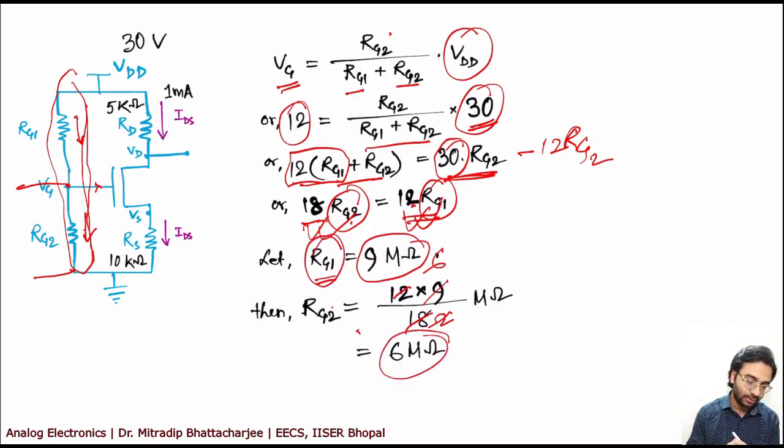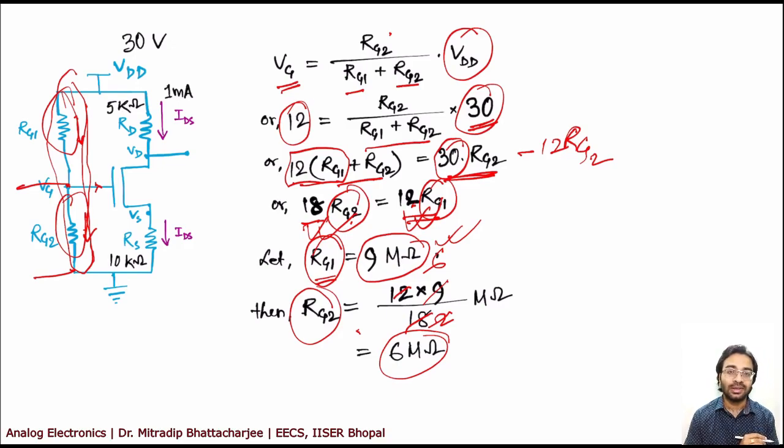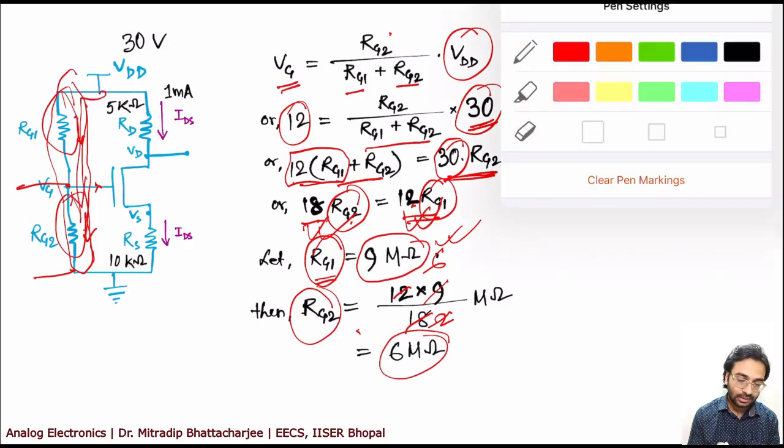So you have the values RG1 and RG2 for the given condition, right? Now why I took mega ohm in this case? Because it's a ratio, right? I can take kilo ohm, I can take ohm, but generally in this case take these values higher. If you take these values higher, anyways current also flows in this direction, right?